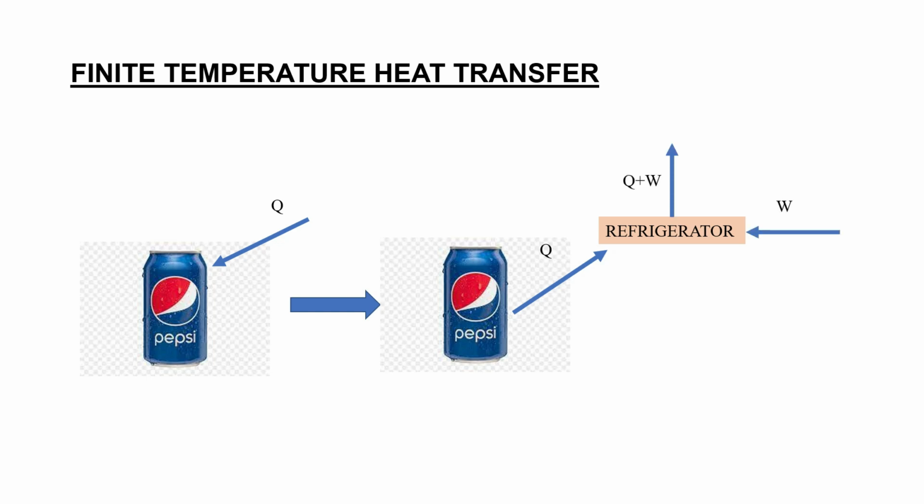So when the Pepsi can comes back to its initial state, it will release heat Q plus W into the surroundings. Heat is absorbed here and heat is released here, but in addition, this work energy is also released into the atmosphere. That means it leaves a trace in the surroundings.